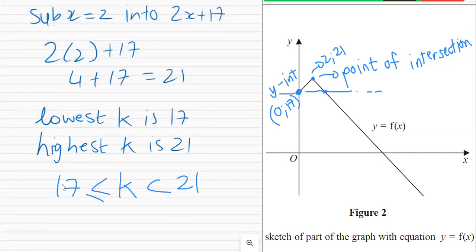The problem is that once it gets to this point, it's going to be only one root again. So we want the 2 root options. We don't want just one root. So it can't include the 21. Okay. And that was number C.